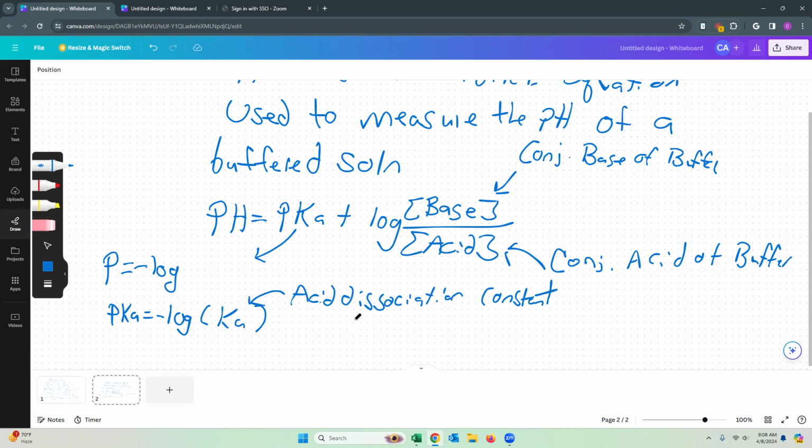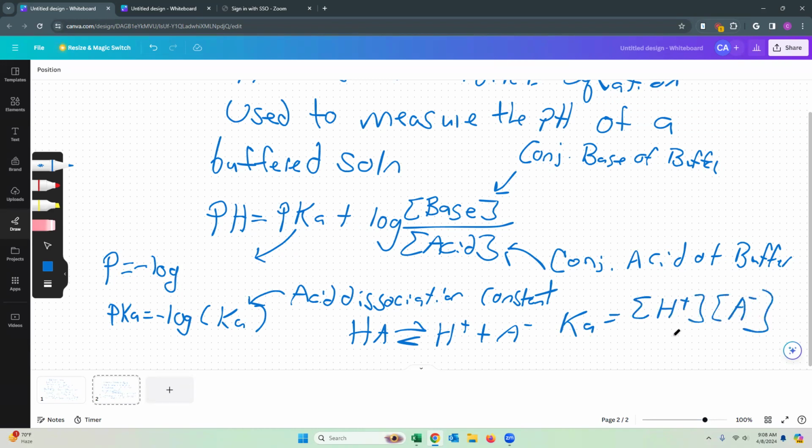If we have a generic acid, HA, going to H+ plus A-, your Ka is simply products over reactants. pKa is a way we compare different acids and see which one is stronger. We don't use Kas, we talk about pKas. And so let's use our Henderson-Hasselbalch equation.